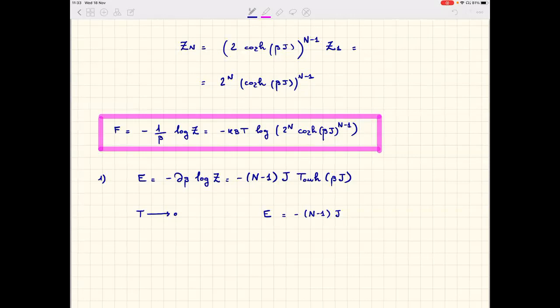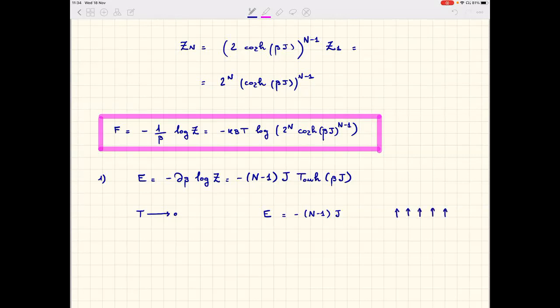Okay, excellent. And what is the ground state? When all the bonds are satisfied, which means that all the spins are pointing in the same direction.